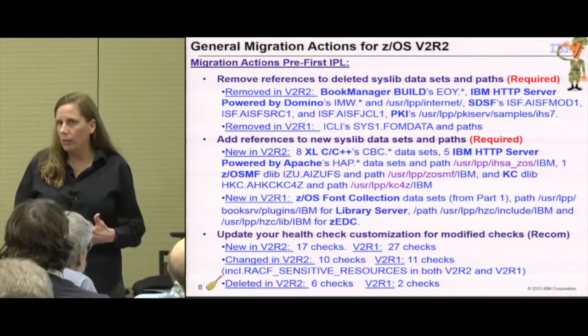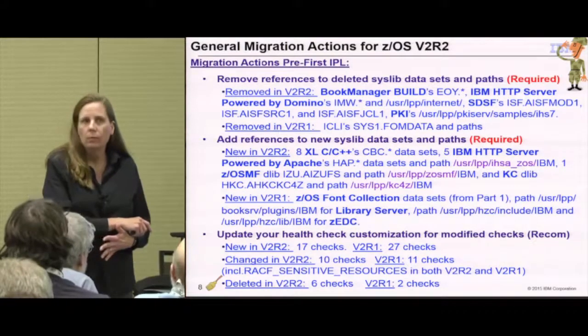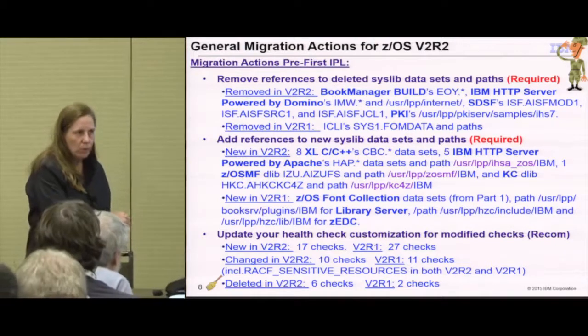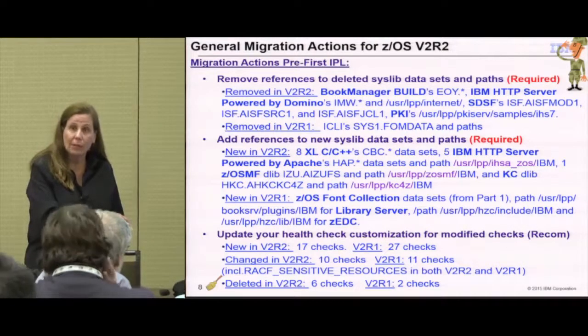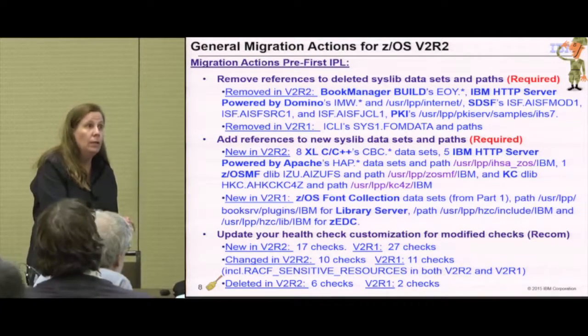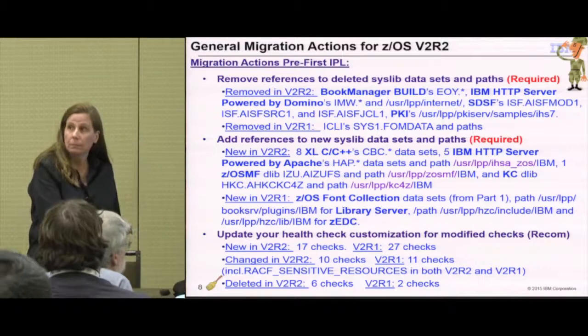Whatever level of the IHSA we are shipping, it is going into that directory name. We had a lot of internal arguments about whether we wanted VRM on that directory name, and because it is an element of z/OS, it doesn't get a VRM. It's the VRM of the operating system. Is that clear?